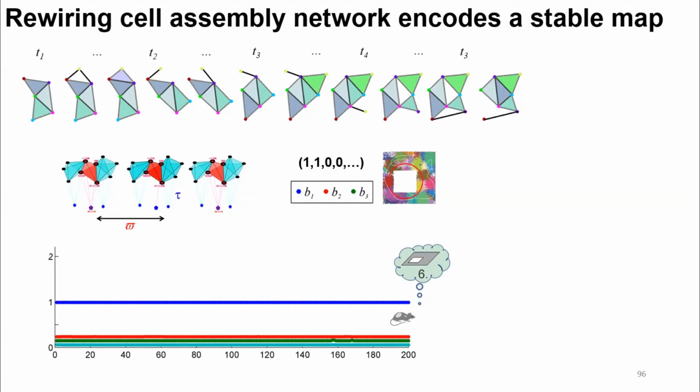Which is kind of interesting, because you can argue that the geometrical shape of the complex is changing, but its topological structure remains stable, even though, I repeat, the substrate, the wiring of the network, is changing all the time, at the rate of seconds.